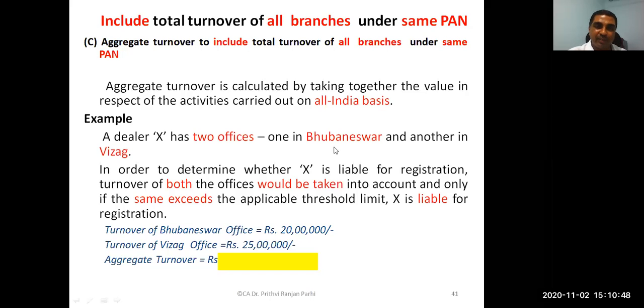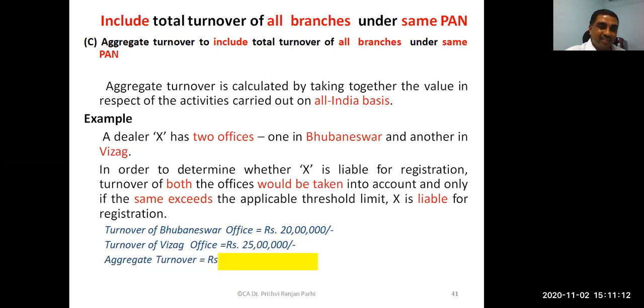Let us say one is at Bhubaneswar, another is at Vizag. We are in the process of deciding whether X is liable for registration or not. In order to determine this, the turnover of both the offices should be taken into account. And only if the same exceeds the applicable threshold limit, X is liable for registration.